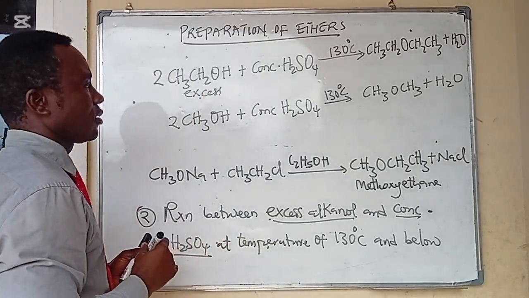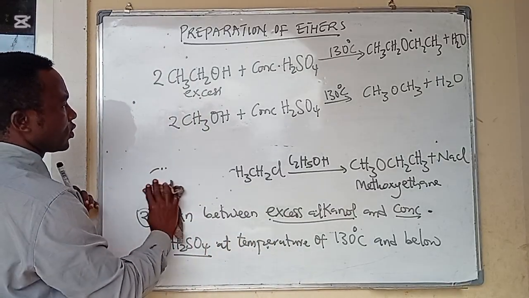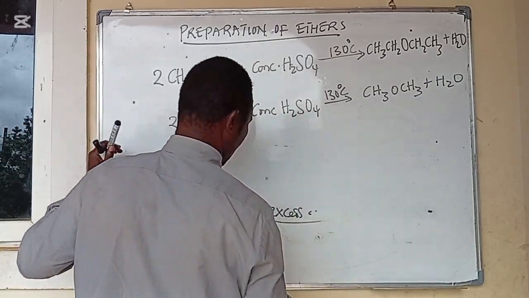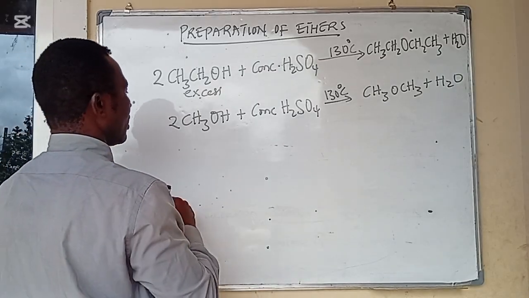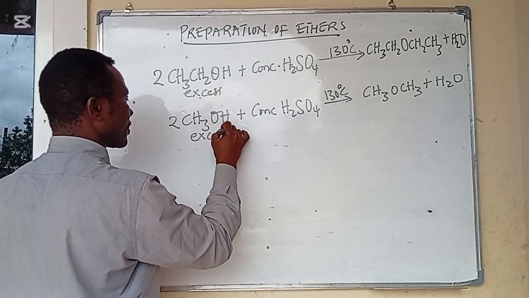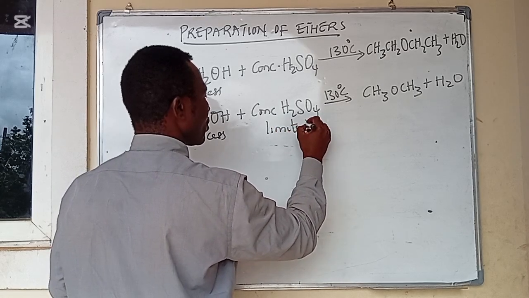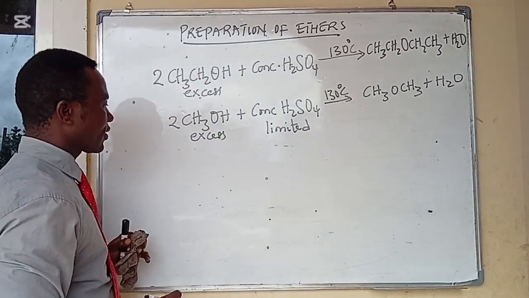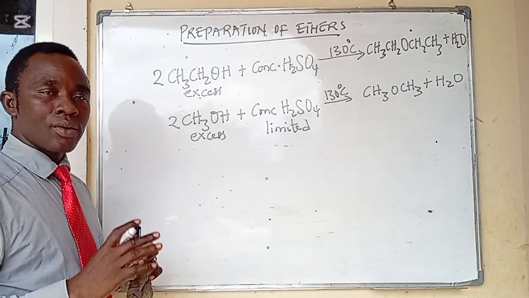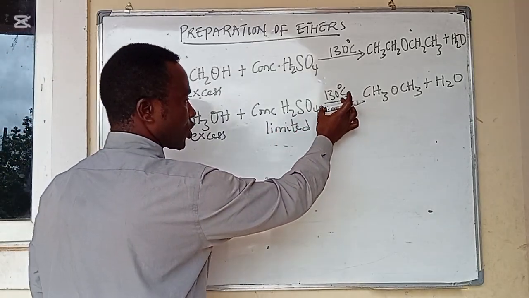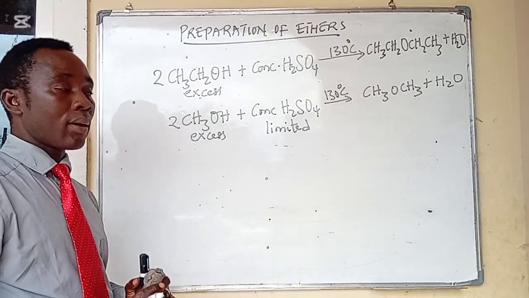So that is the compound that will be obtained. Remember that in this reaction, our ethanol must be in excess of the acid. So the acid should be limited, and excess ethanol, at a low temperature, 130 degrees Celsius and below.